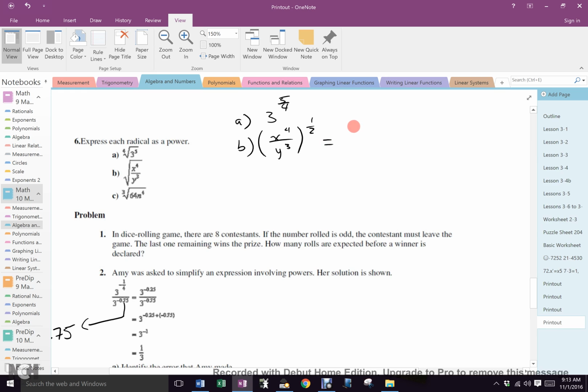But it is also x to the 2 over y to the 3/2. I will accept both of them. Okay? And C is 64 n to the 4th, all to the 1/3. I'll accept that. A better answer is 4 n to the 4/3.